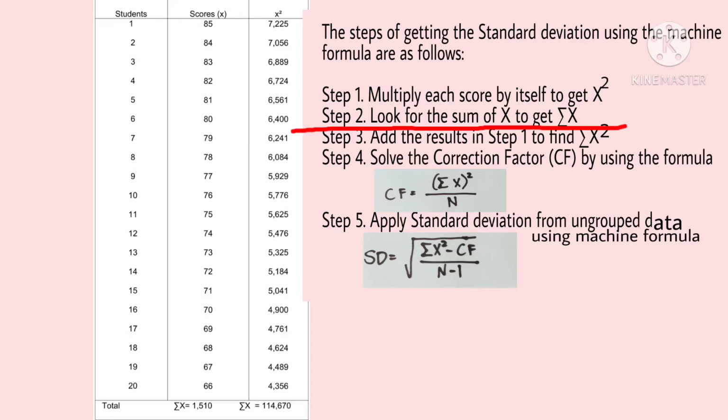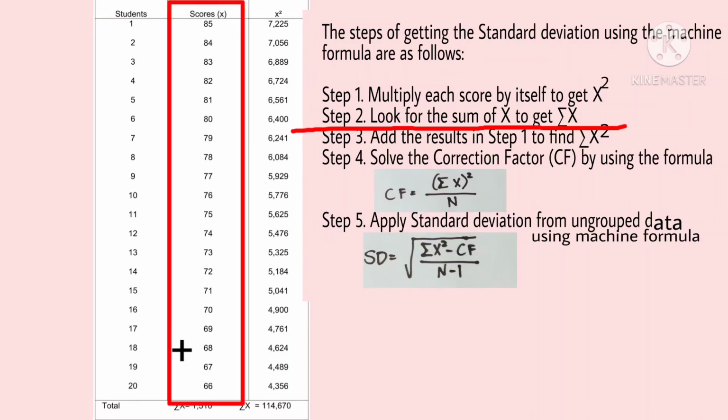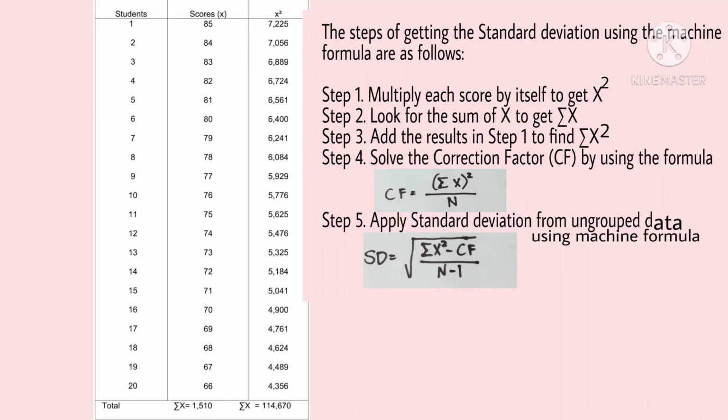According to step 2, we need to look for the sum of x to get the summation of x. So step 2 is to add all together the scores of the students.